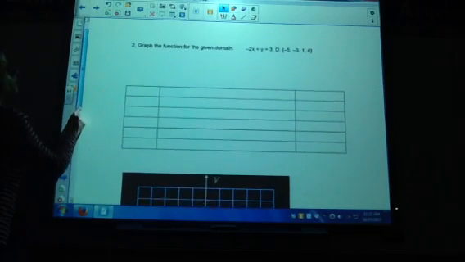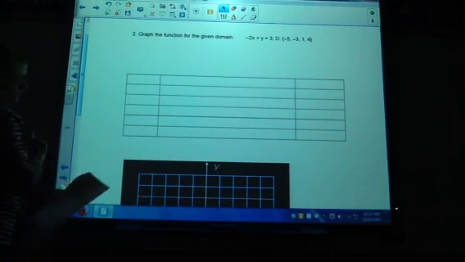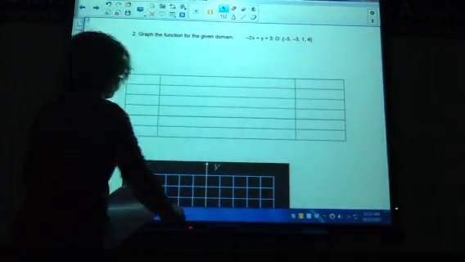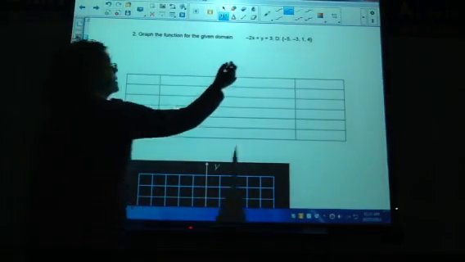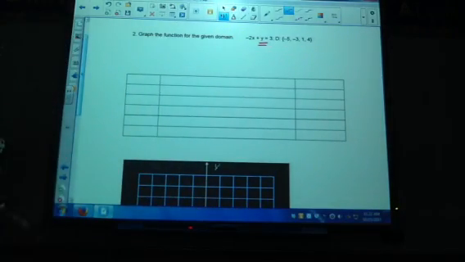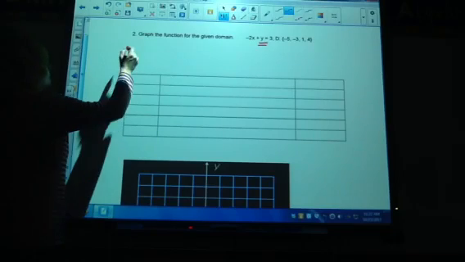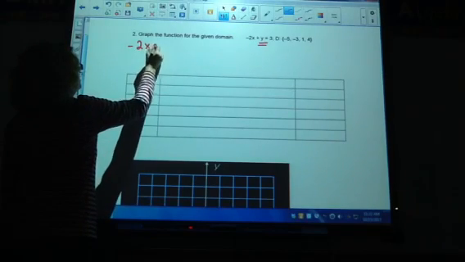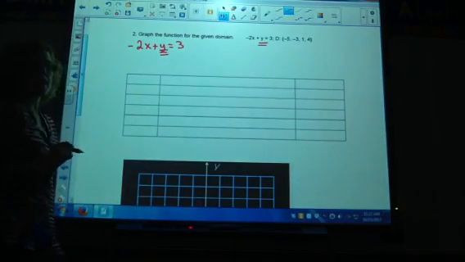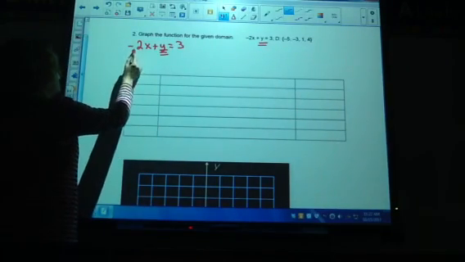Okay, on number 2 here, before we can graph it, we need to solve for y because it's not in our function order, okay? So let's do that first. We're trying to solve for y, which means isolate y. So this is a negative 2x.